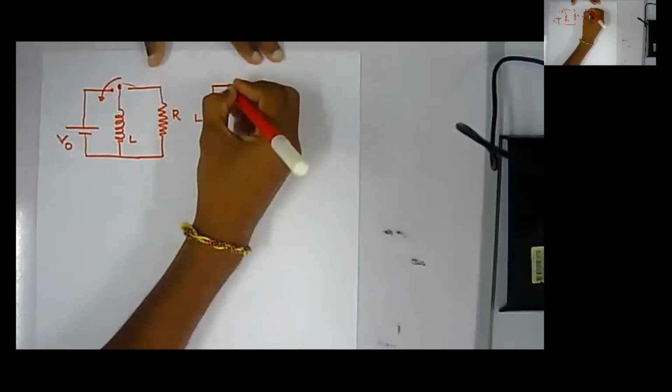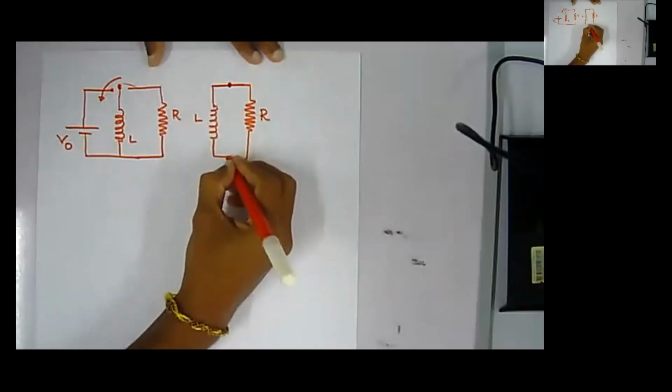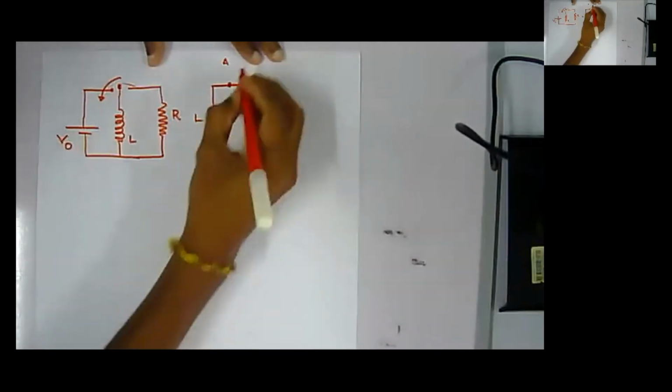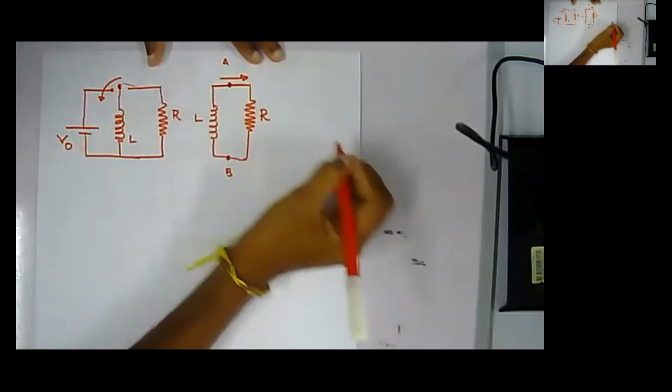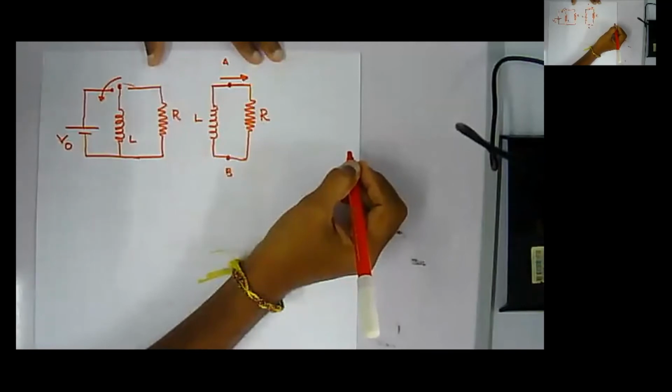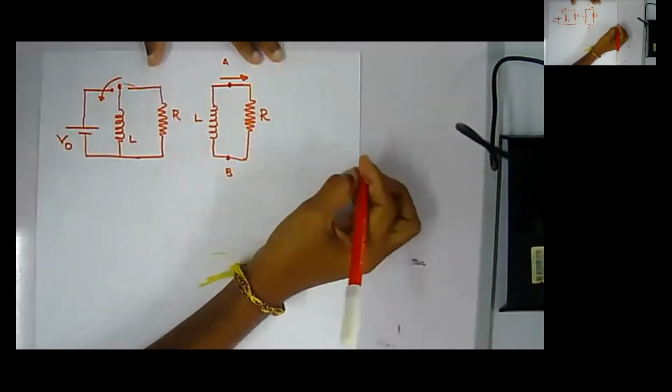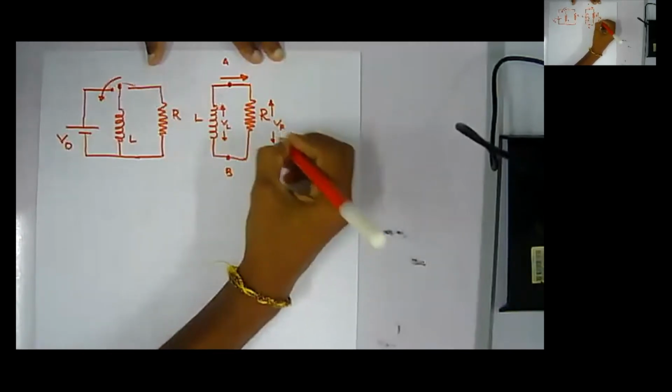This is resistance R, this is inductance L, with points A and B. Now, let's consider the current through the loop, I. Then we mark the voltage across the inductor as VL and the voltage across the resistor as VR.